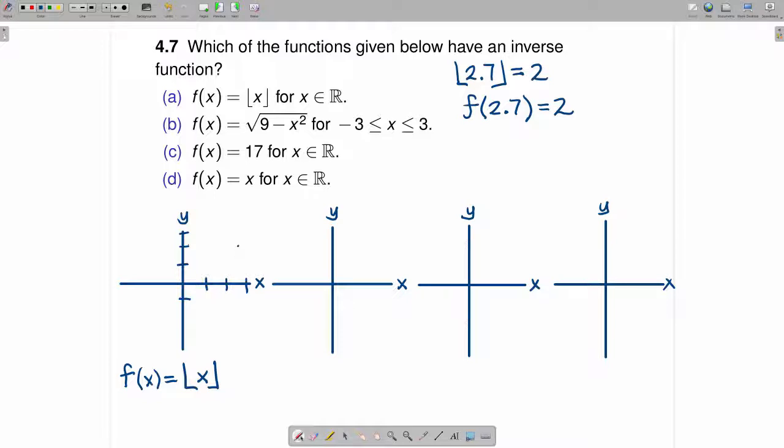Now, if you try a bunch of other trial points, what you're going to find out is that everything from 2 until just short of 3 is going to give you a 2. And everything from 1 to just short of 2 gives you a 1. Everything from 0 to just short of 1 gives you 0, and this pattern continues.